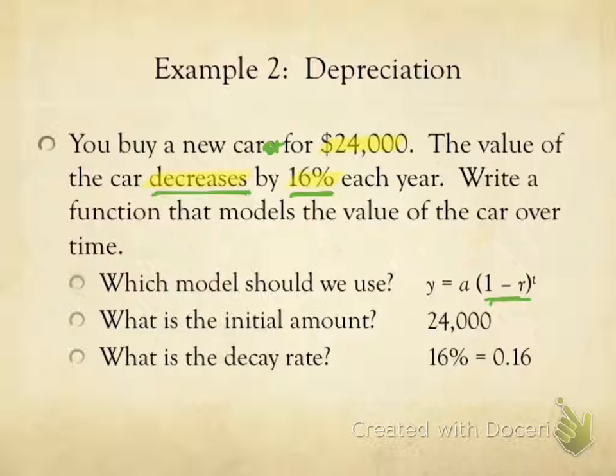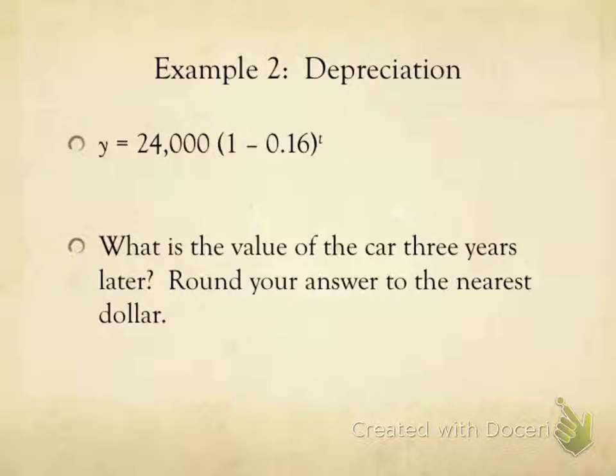The initial amount is the $24,000 that we bought the car for, and our decay rate is our 16%, which we're changing to the decimal 0.16. So when we substitute that into our model we end up with y equals 24,000 times 1 minus 0.16, still raised to the t power.